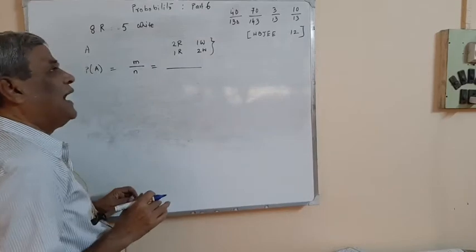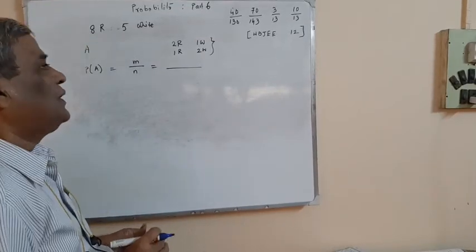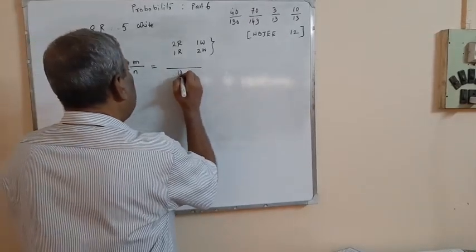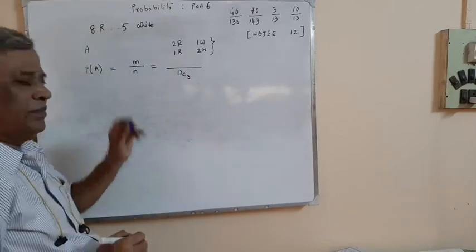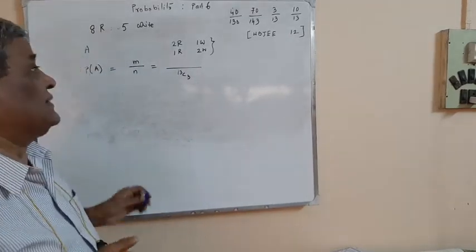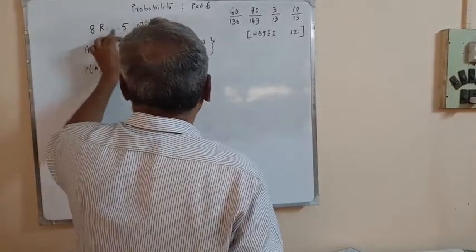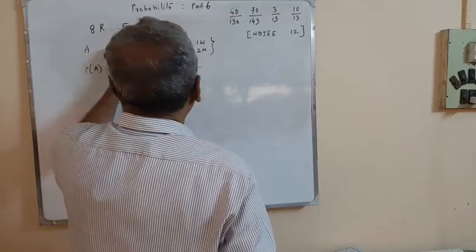N is equal to, what is that? Now out of 8 plus 5, that is 13 balls, 3 are taken at random. So 13C3. And M, the favorable cases. What is that? Now we have to take 2 red and 1 white, or 1 red and 2 white.